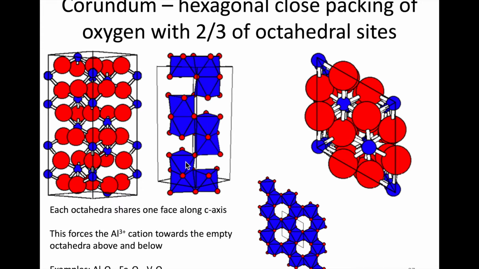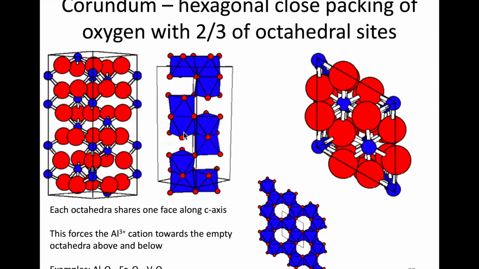Again, this is the type of sharing that we said was least favorable, because it brings these aluminums really close together. So the way this structure gets around that is, if you notice, there's 2 octahedrons, but then there's an empty site above and below.